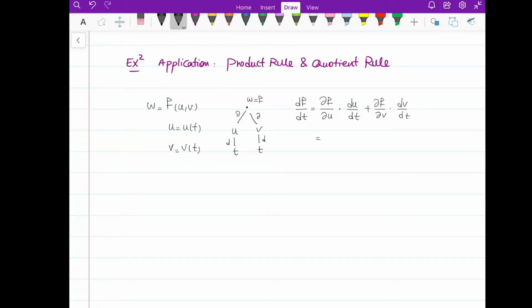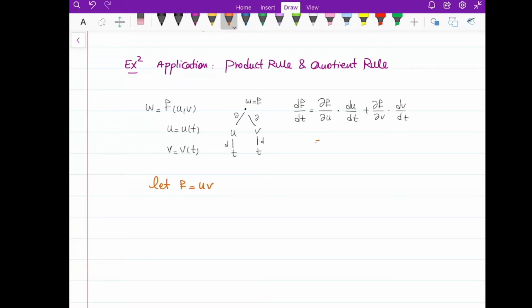Now this is the general case, but let f be equal to uv, the product of u and v. In that case, the derivative of f with respect to u is just v, times the derivative of u with respect to t, plus the derivative of f with respect to v, which is just u, times the derivative of v with respect to t.